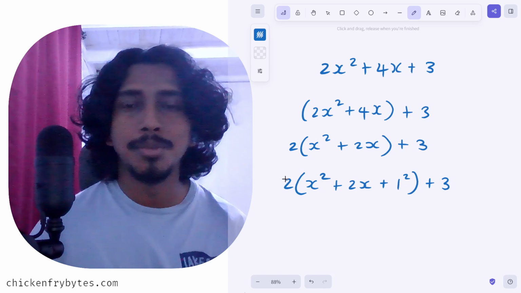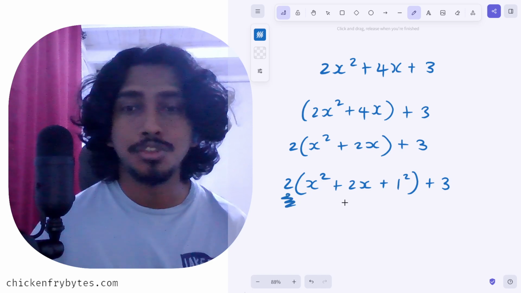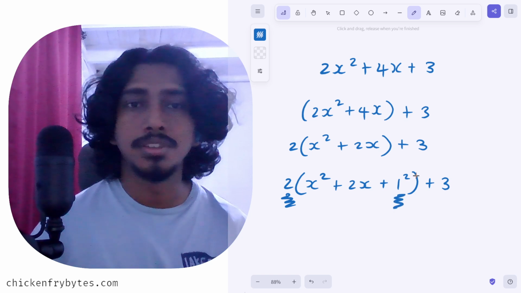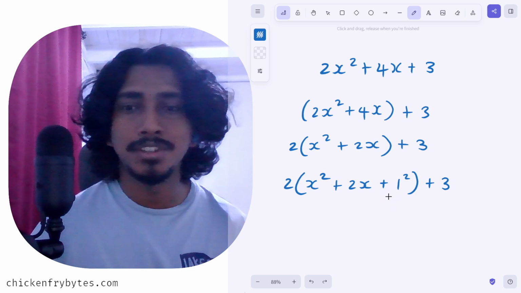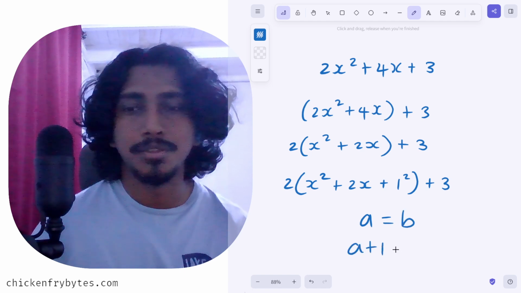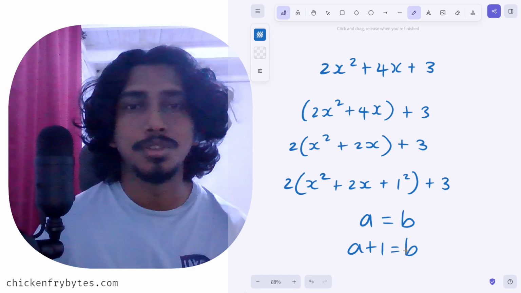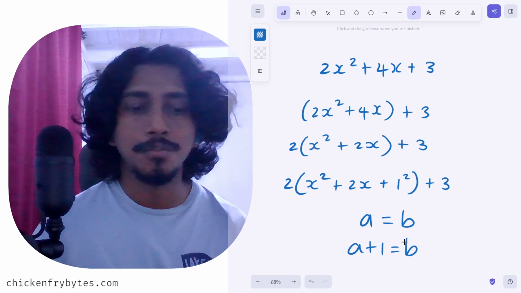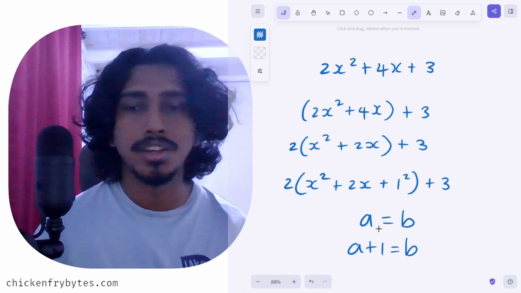In this step, because we technically would have added 2 times 1 squared to the bracket, it's not fair to have an equation, for example, a is equal to b, and just simply add, for example, 1 to one side of the equation, right? You can't just simply add 1. That will change the overall value that's represented by that equation.